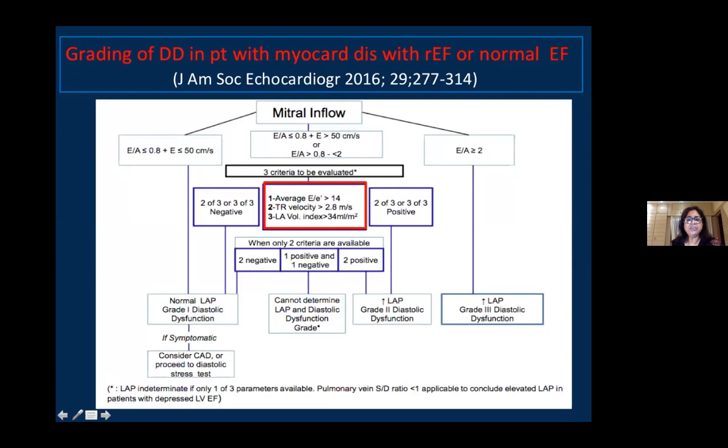Out of these three parameters, if two or all three are negative, we can straight away say that it is grade 1 diastolic dysfunction. If two or all three parameters are positive, we have the criteria fulfilled, then we say the LA pressure or the LV filling pressure is raised and it is grade 2 diastolic dysfunction.